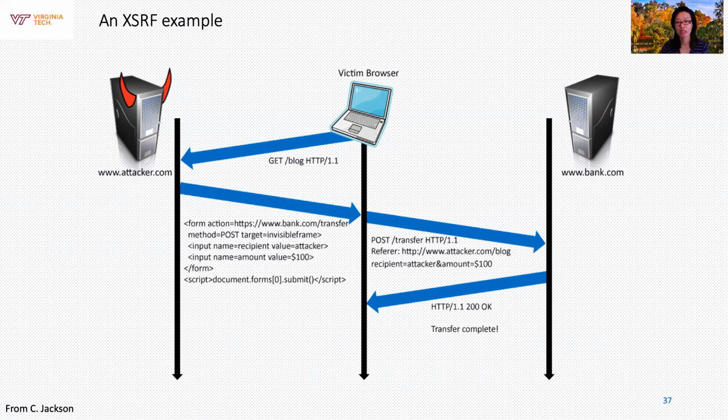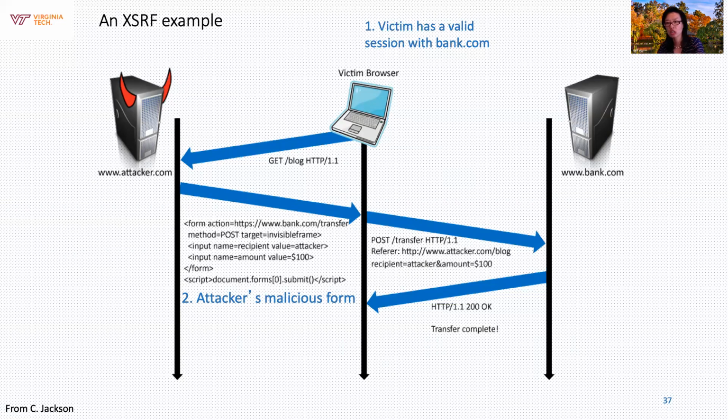But what happens is that the user already has ongoing connections with bank.com, which is a legitimate server, and has this cookie, session ID, or whatever credential stored. But then they accidentally visit a website of an attacker, which triggers the submission of a form on behalf of the victim to the bank.